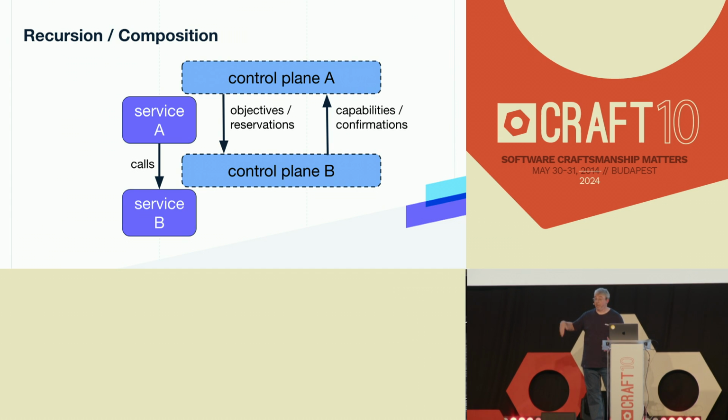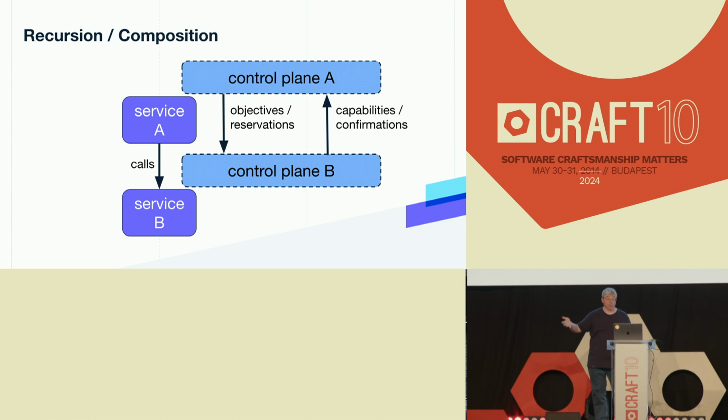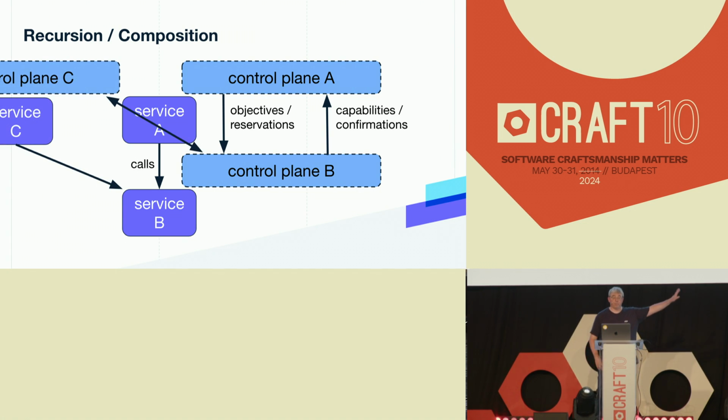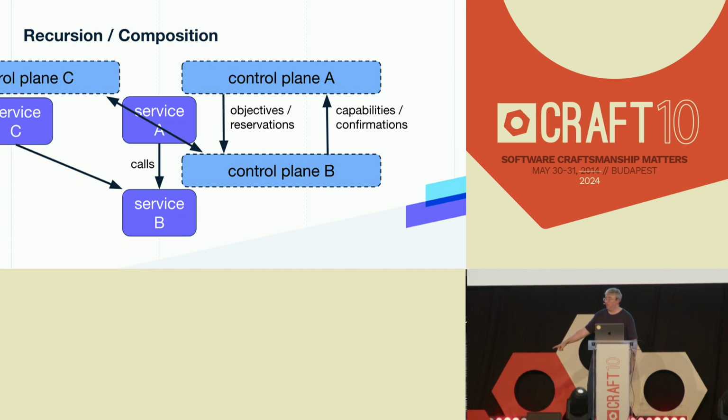If I'm degraded, right, I can't support that other feature, I can advertise that so that people stop asking me to do that for a certain period of time. And so they can make their own adaptations, right? But I can also confirm those reservations as I go. And so we can also put this together, right? If I have some other service that also calls B, it can actually do the same thing.